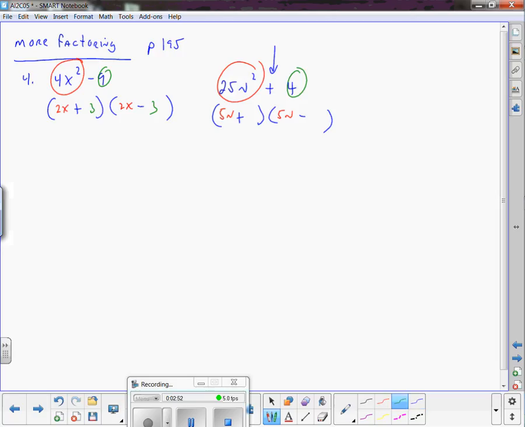The square root of the last, if I go 2 and 2, if I multiply these 2 binomials out right now, I'm going to get what? What would I end up with if I multiply these 2 binomials out? I would get 25n squared, and then what? Minus 4. And I need a plus 4.